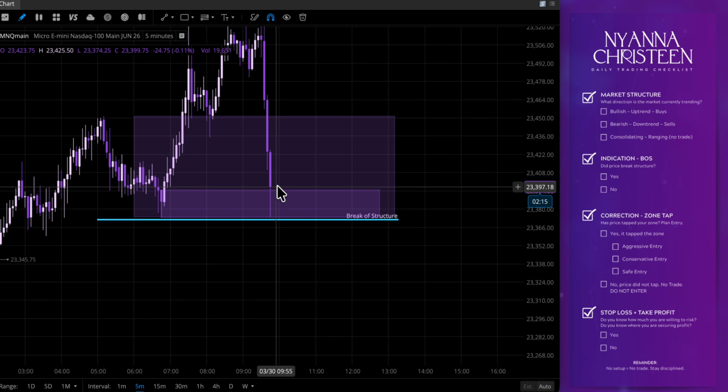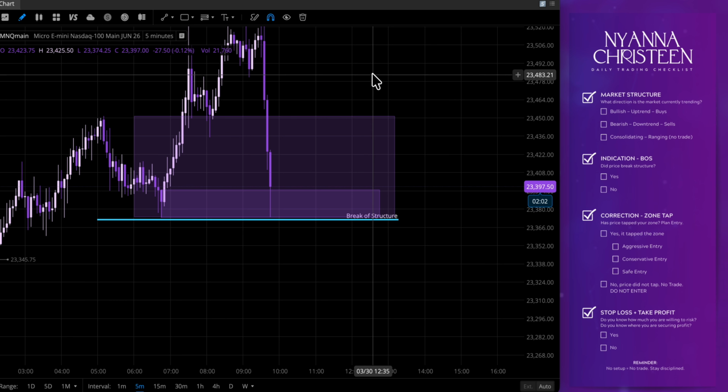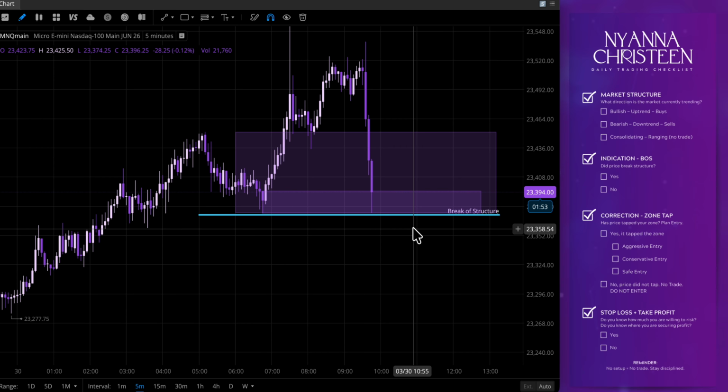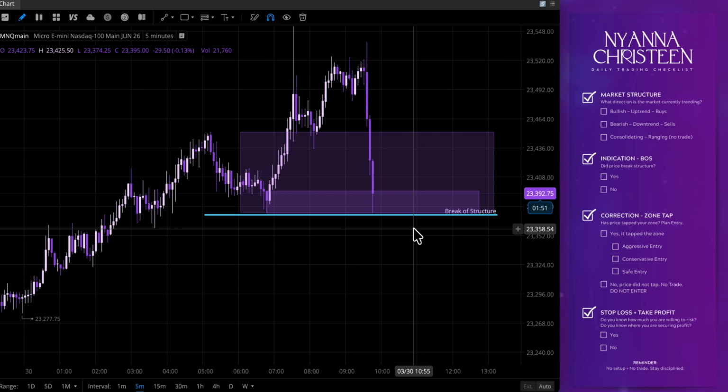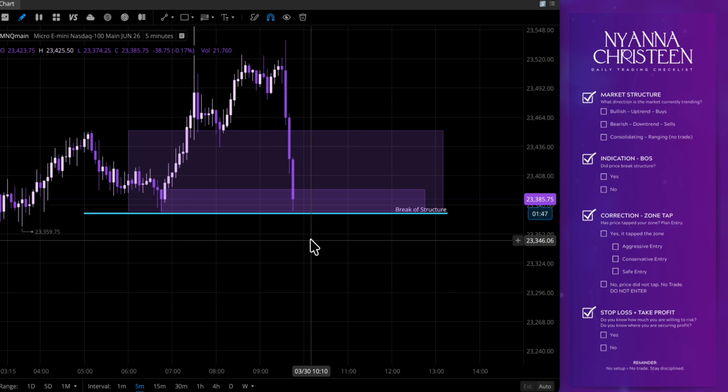If price closes outside the zone, if price closes outside this zone, then we potentially could be going back up for buys. We need a full breaker structure.